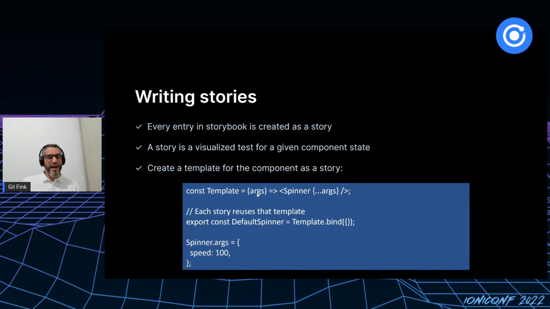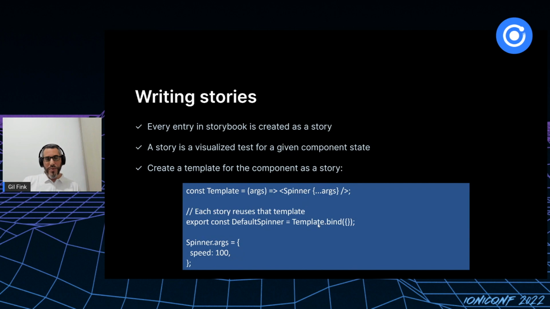Whenever you want to write stories in Storybook, you're going to create a template. And each entry in Storybook is a file with the postfix of stories.ts, tsx, js, or jsx. The story is just a visualized test for your component. So as you can see in the slide here, you will create a template wrapping the component that you created.